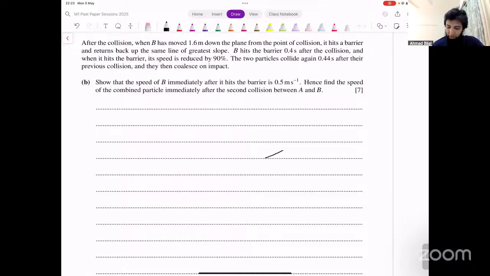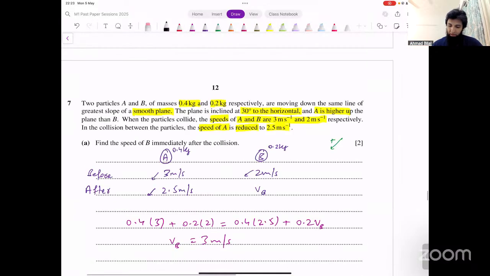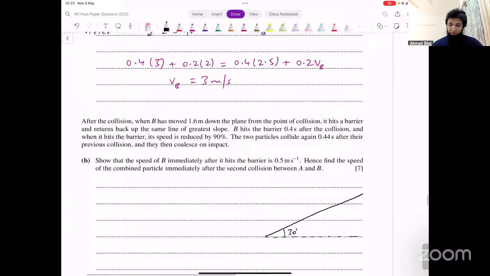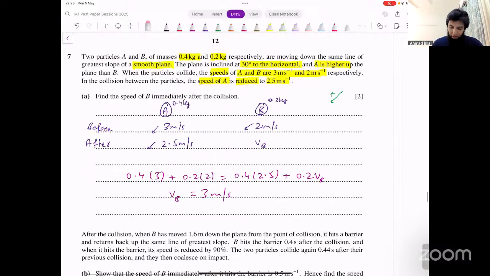We've got an inclined surface that looks something like this. We know the angle of this inclined surface. The angle is 30 degrees. And they told us that A is higher up the plane than B. So let's say this is A and this is B. Okay, no. So they're talking about after the collision. So the collision has already happened.